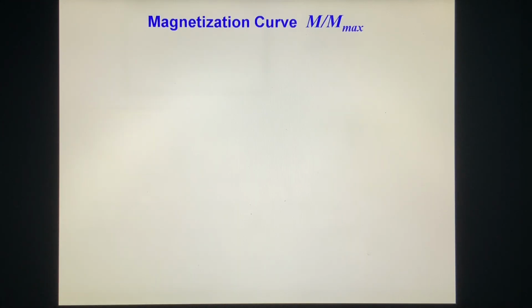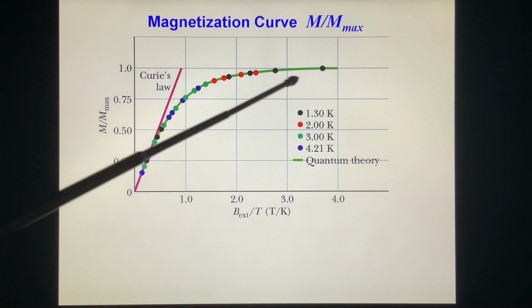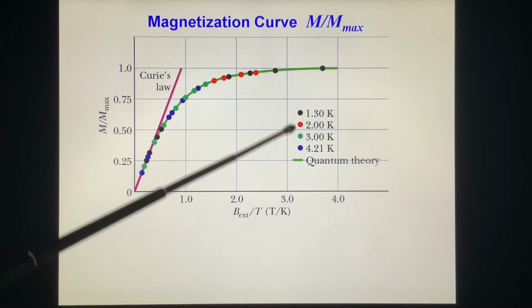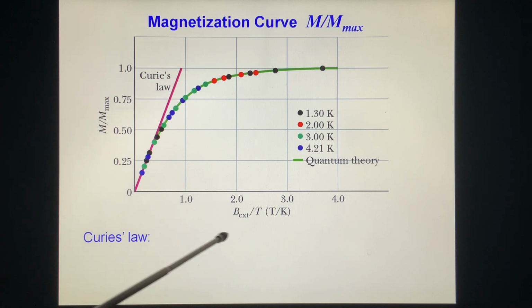Magnetization curve, M over M maximum. We look at this experiment data. Okay, this data was collected at different temperatures, very low temperature. This is called Curie's law. This is B external over temperature T measured in Kelvin.